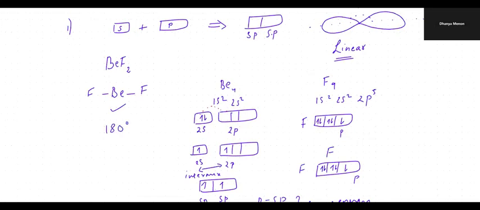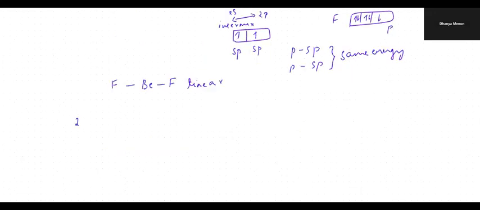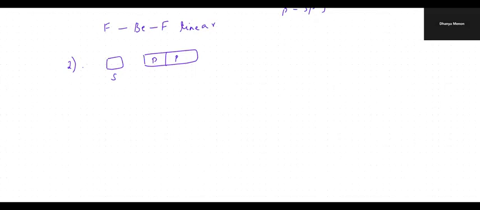Now coming to the second example or second type of hybridization, if 1s and 2p are mixing together, okay? If 1s is mixing with 2p, we get 3 hybrid orbitals.